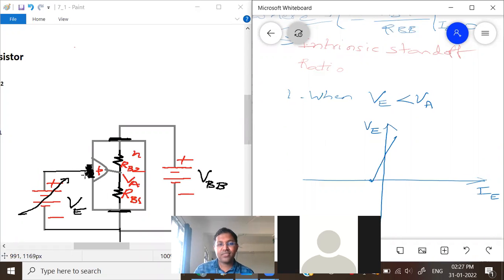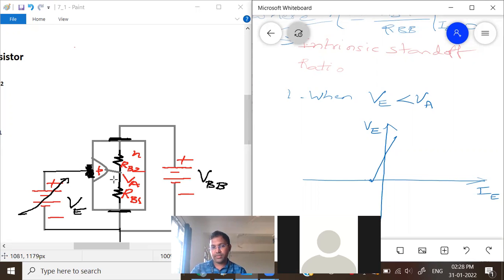So when the current flows like this, what is current? Flow of charge carriers. So charge carriers are now reaching the region of RB1. Actually what happens is, when V is gradually increased, charge carriers are pushed from the P region to the N region.